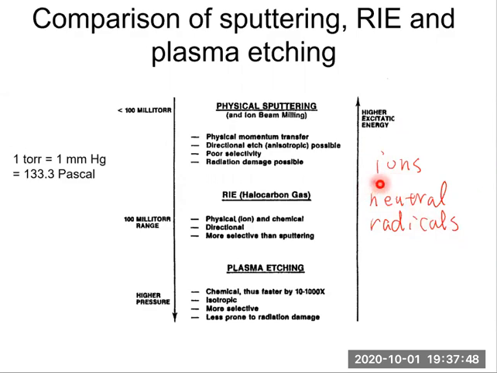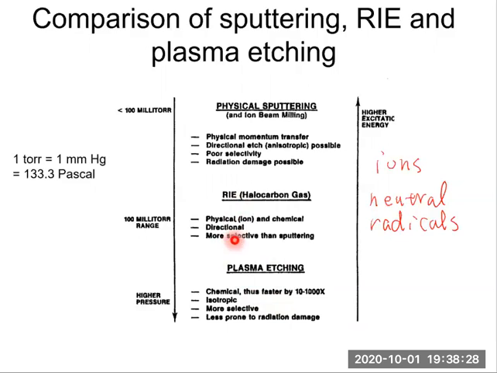Etching is done by ions. And in plasma etching, it's the opposite. The etching is done by neutral radicals, which arrive at the surface by diffusion. So the arriving angles are random, and that's the reason plasma etching is isotropic. The ions do not participate in plasma etching.